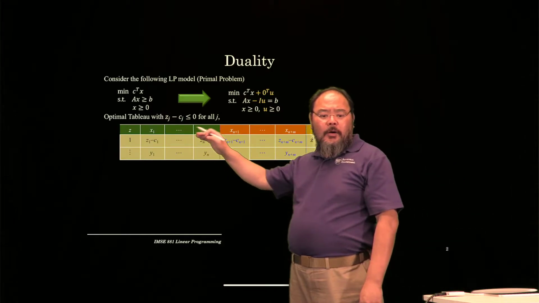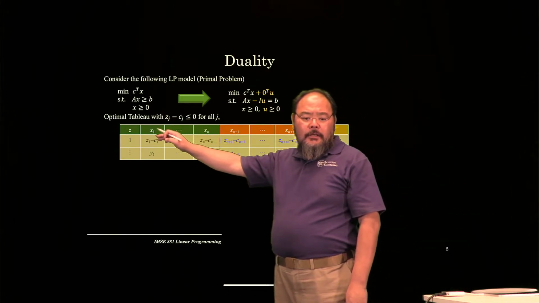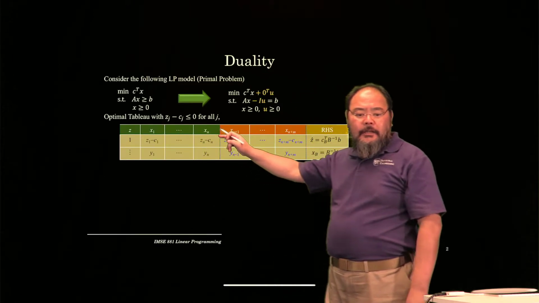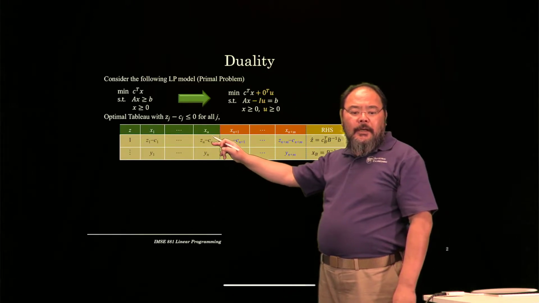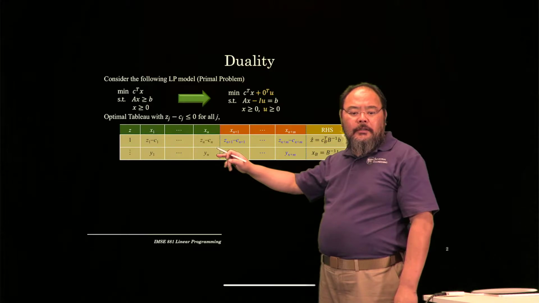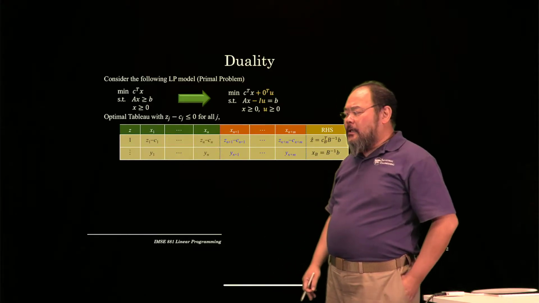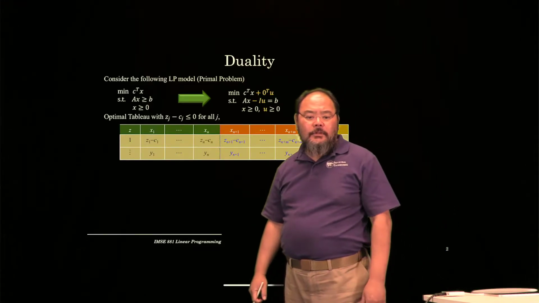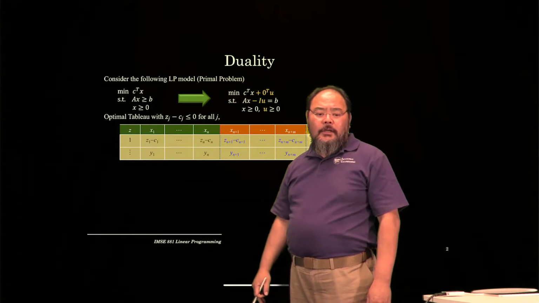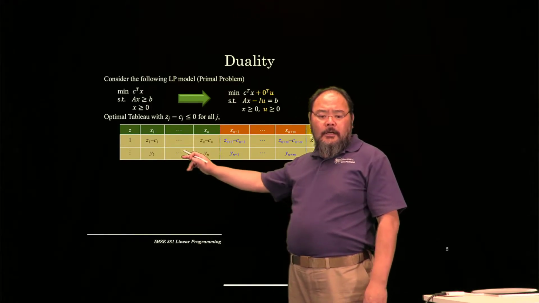First, look at the green part. The original variables x1 to xn, and these are the zj minus cj corresponding to those, and the yj is the current final tableau column.